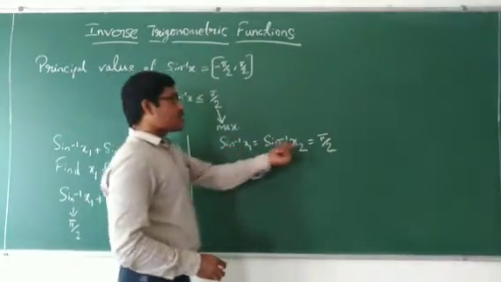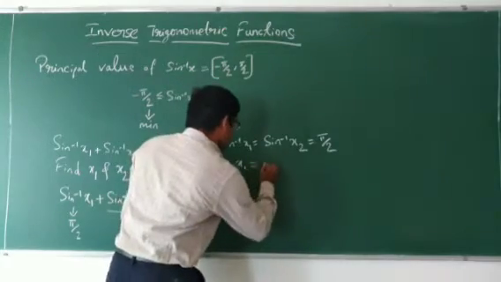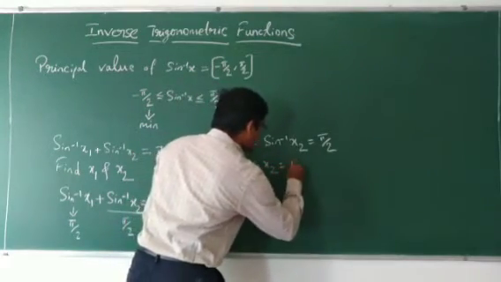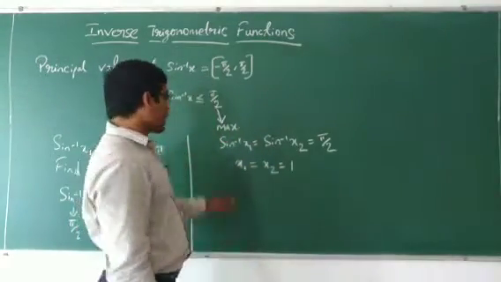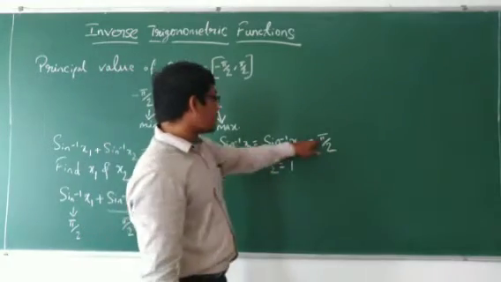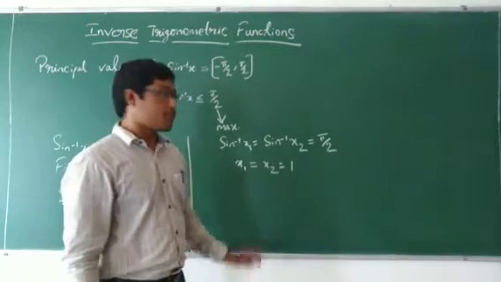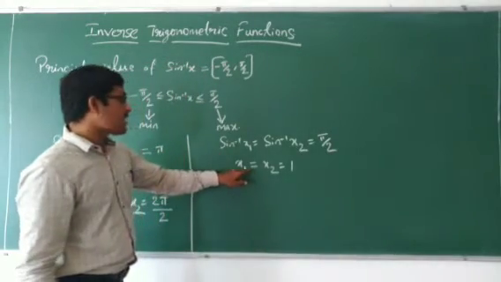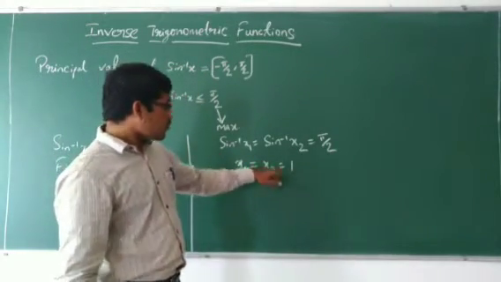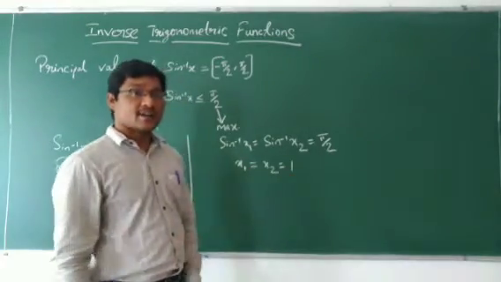When this value is equal to pi by 2, x1 and x2 both must be equal to 1. Sin inverse of 1 is equal to pi by 2. So one is the value of x1 and x2.